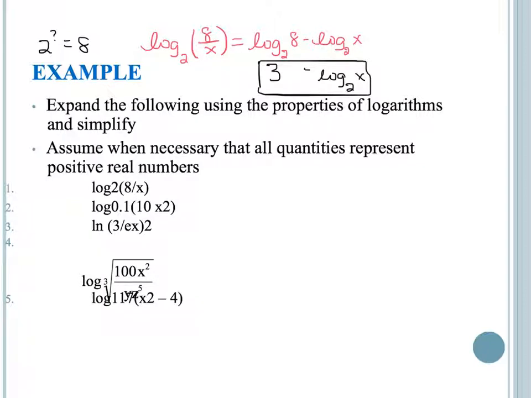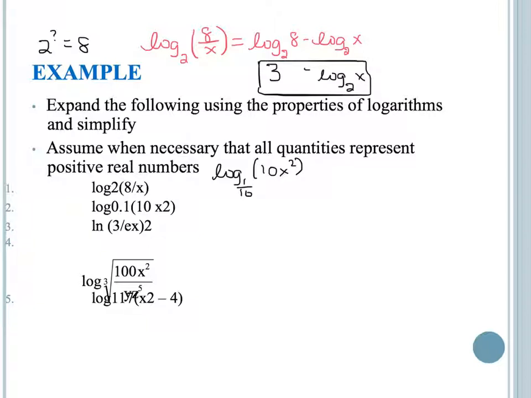So as we're doing these problems, we need to recognize some of the common powers, like powers of 2, powers of 5, so that we can simplify our logarithms as fully as possible. The next one, we have log, and it says 0.1. Well, I happen to know that that's 1/10. And then I have 10x squared.